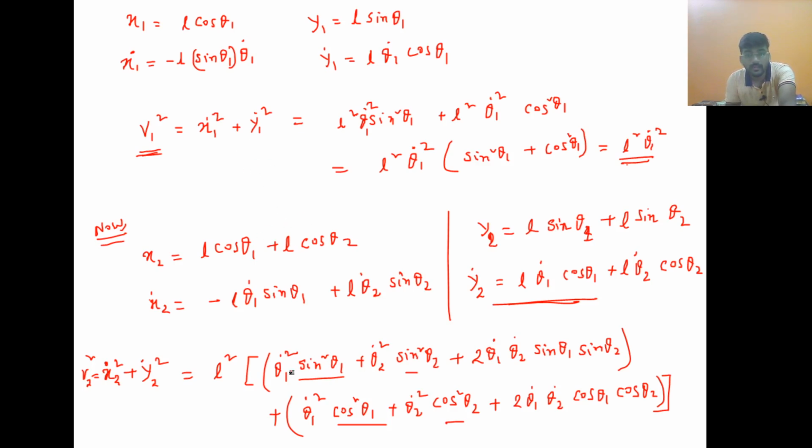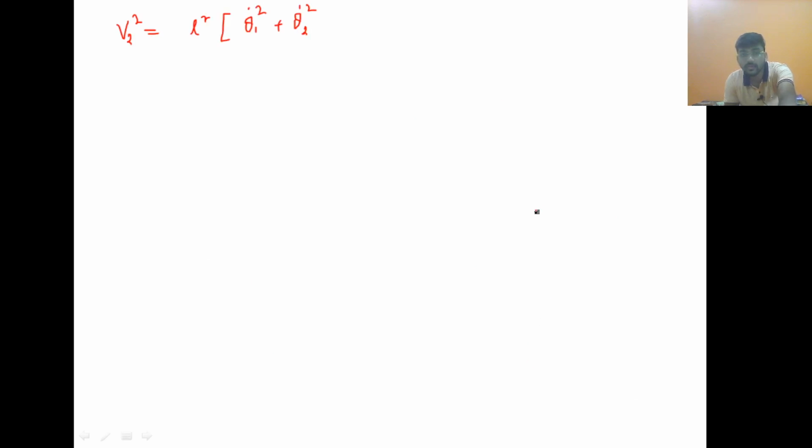Out of these four terms, these two terms and these two terms give theta 1 dot square plus theta 2 dot square, and from the cross terms, if we add, it will be 2 theta 1 dot theta 2 dot common. Okay, so it will be plus 2 theta 1 dot theta 2 dot common, so it will be sin theta 1 sin theta 2 plus cos theta 1 cos theta 2.